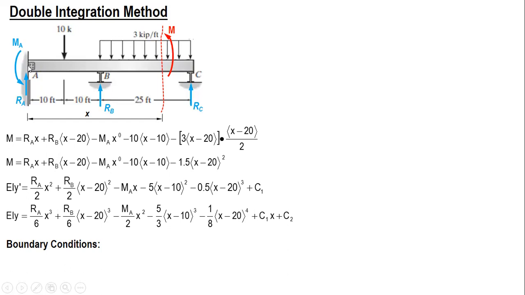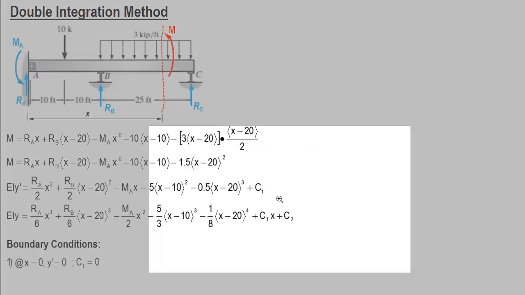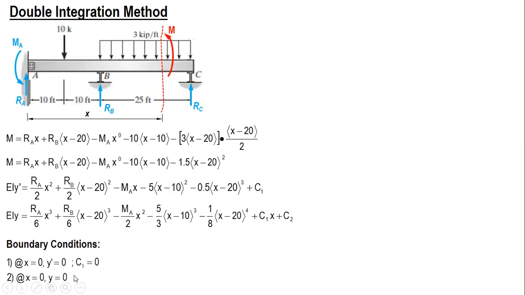We start with A, where slope is equal to 0. Now, if you look at this one, this is the expression of slope. When x equals 0, 0 minus 20 is neglected. This one, 0 minus 10, neglected. 0 minus 20, negative, neglected also. Therefore, everything is 0, it means C1 is 0. And then condition number 2.